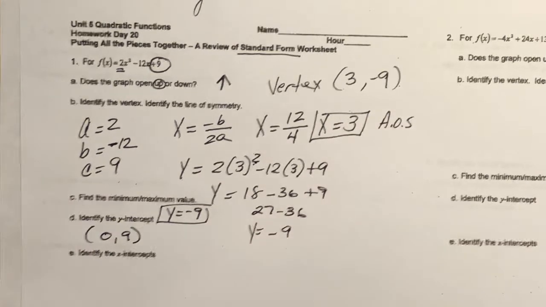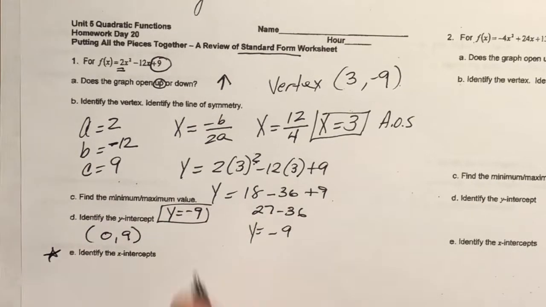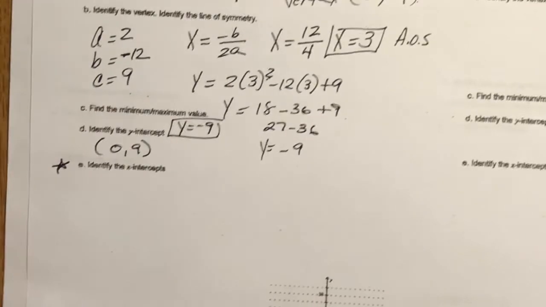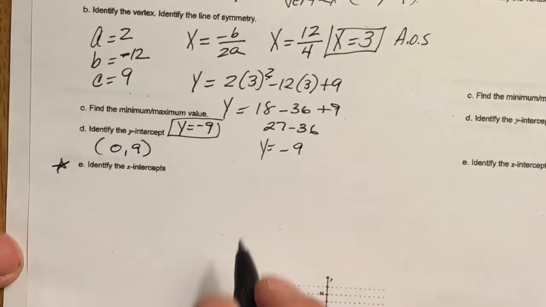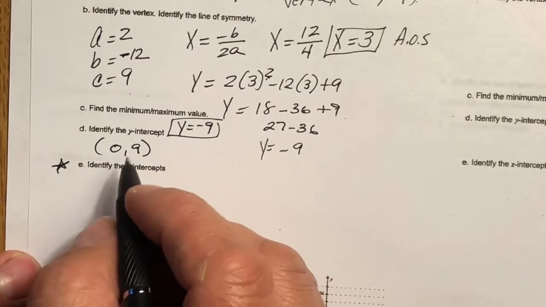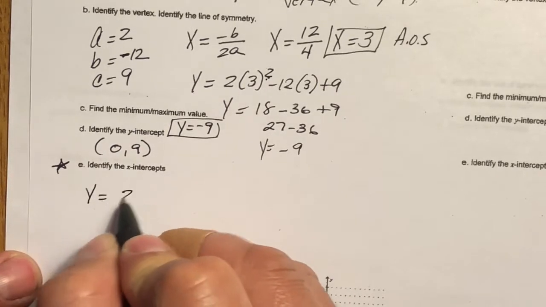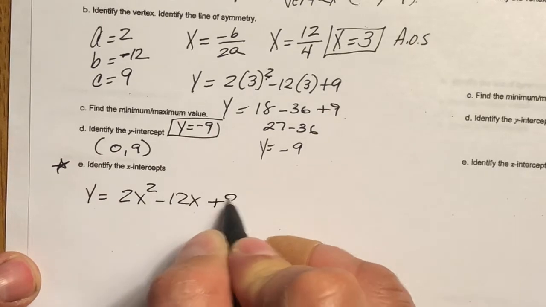All right, identify the x-intercepts. This right here is where you guys are going to have to either use the quad formula, factoring, something like that. I don't know if this one's factorable or not, but let's just see here. So y equals 2x squared minus 12x plus 9.